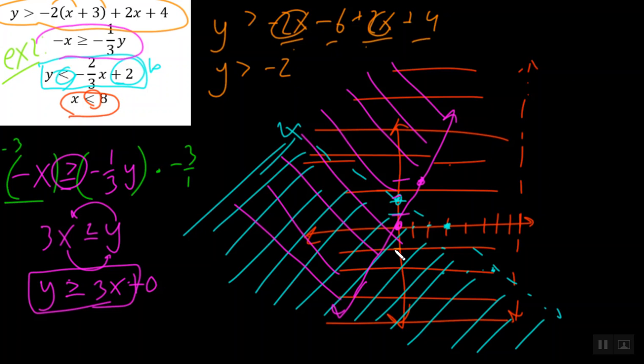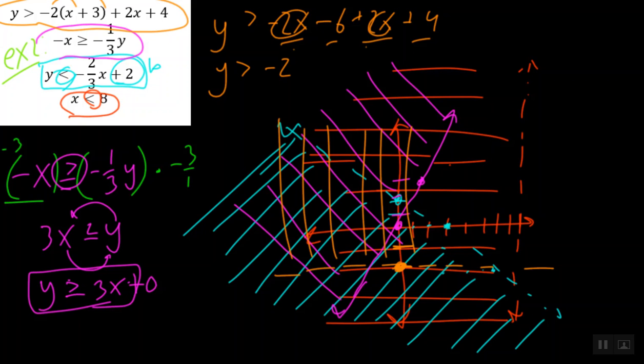Since it's y is greater than negative 2, there's no x value. We're here on the y-axis. We go down 1, down 2, and put my point. And remember, this line can never touch the x-axis, so it's parallel to it. Because it's greater than, we'll draw a dashed line and shade everything above. Now at this point, most of you can probably see where our overlapping colors are.